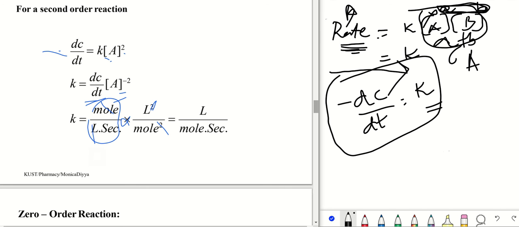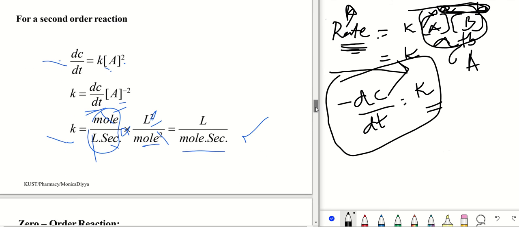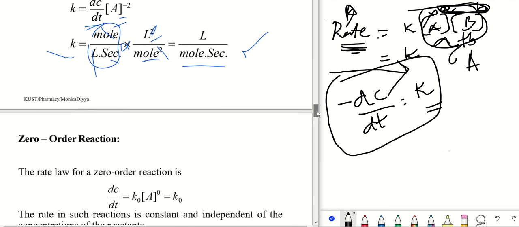One of the L's gets cancelled, and we will have liter per mole per second. So this is the unit of the rate constant for the second order reaction. This is how we can determine the units.